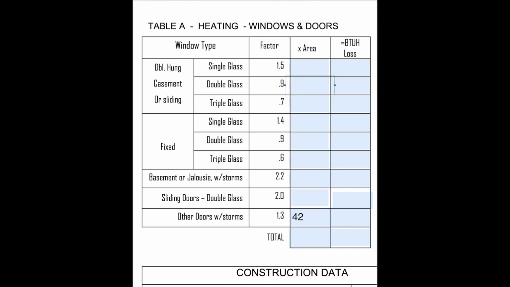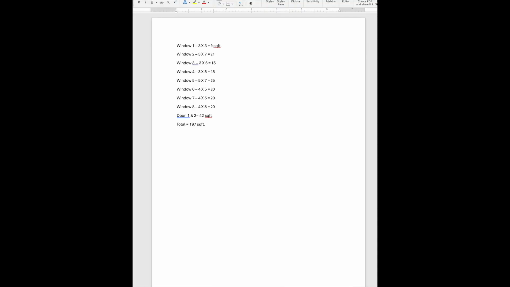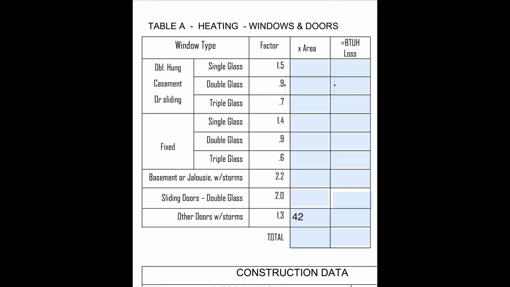So we're going to go back and look at it, and it's going to be 197. So I'm going to enter 197 minus 42. That gives us 155 square feet for the windows. And when you add that up, it's 197.